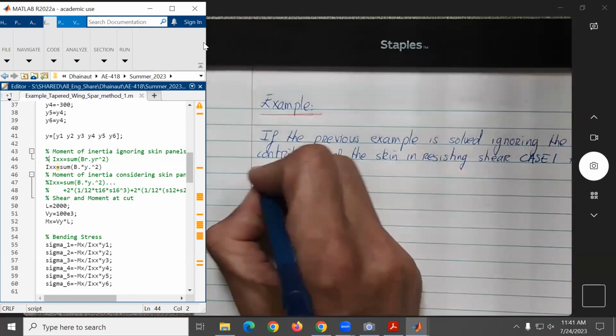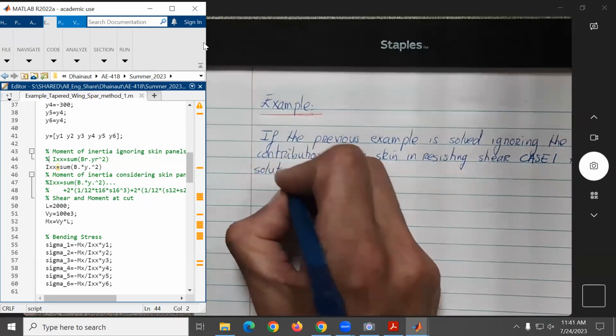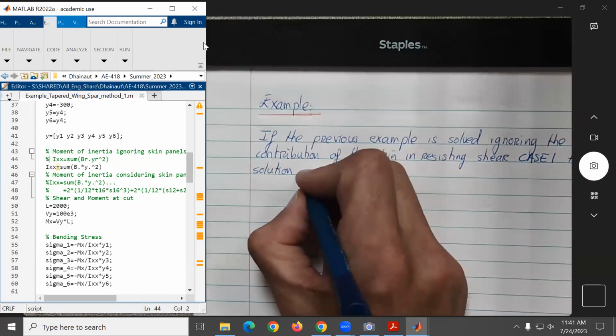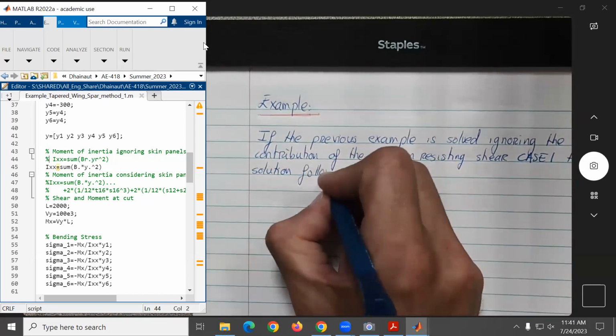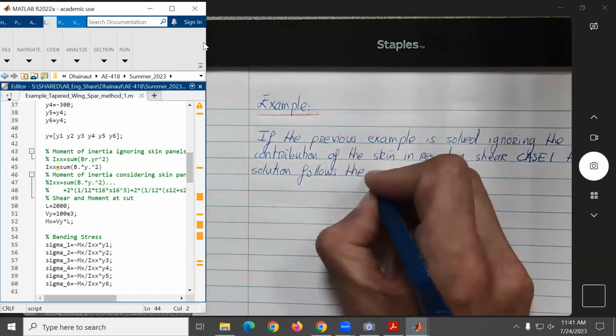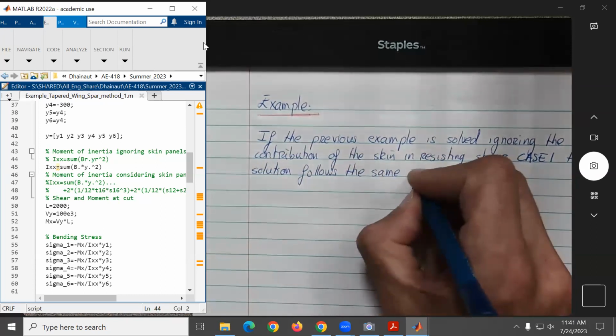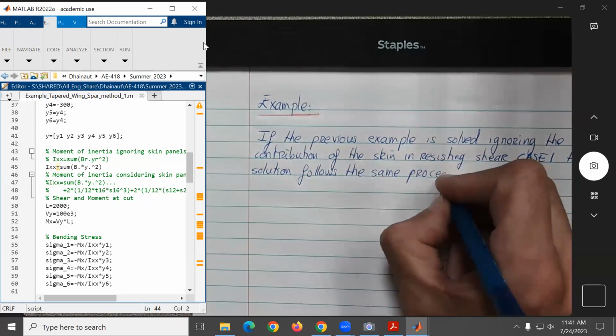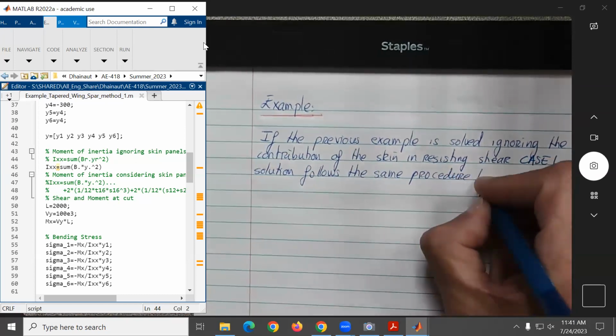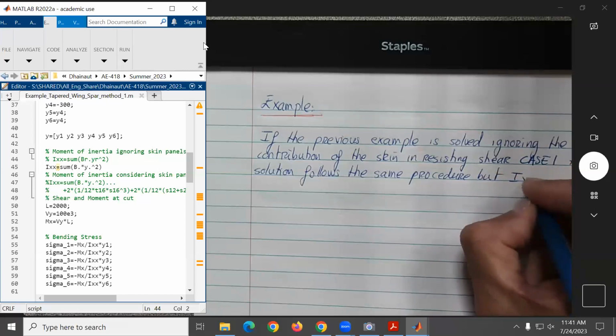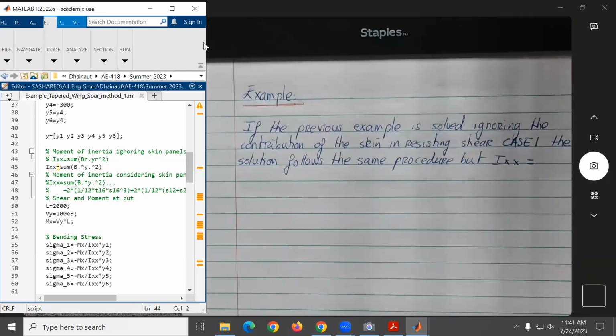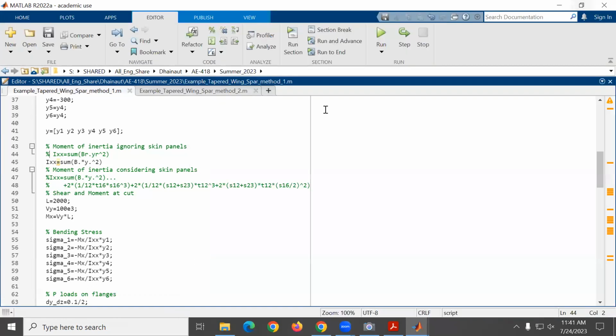The solution follows the same procedure, but IXX, instead of being equal to the 1080 we were dealing with, all right, so let's see what we have.